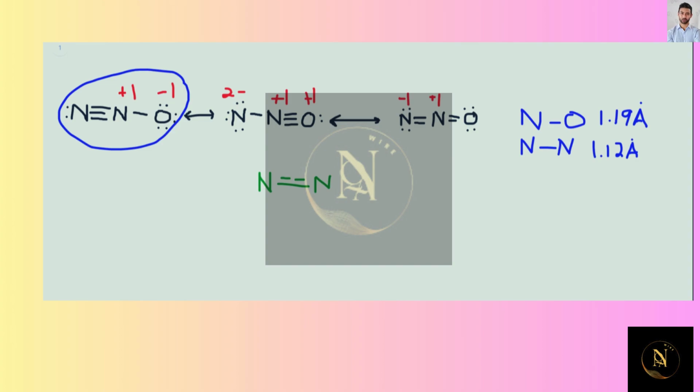It's going to look something like this. So we would have a slight double bond for the NN interaction, and it's going to have a partial triple bond for this interaction.